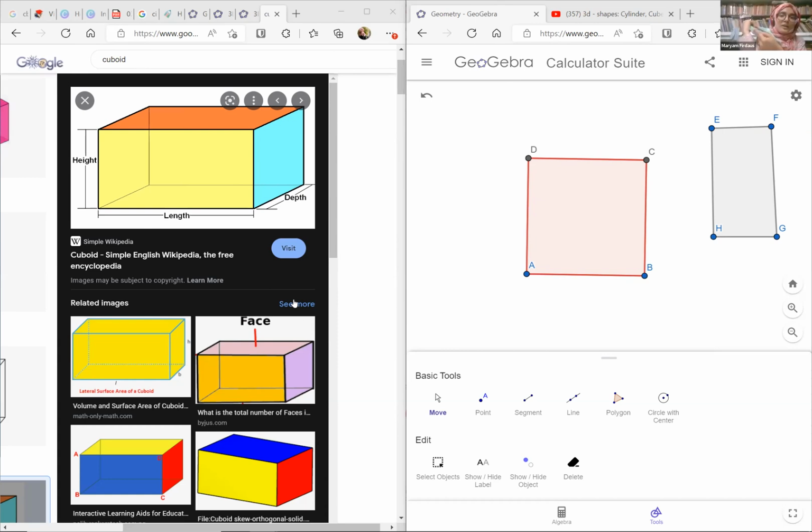You have to rotate it a little bit to see the height. If you just see it like this, it looks like a rectangle, but it's actually not, because there's a dimension that we are missing. There's 1, 2, and when we rotate it, we see the third dimension. So it is a 3-dimensional figure.